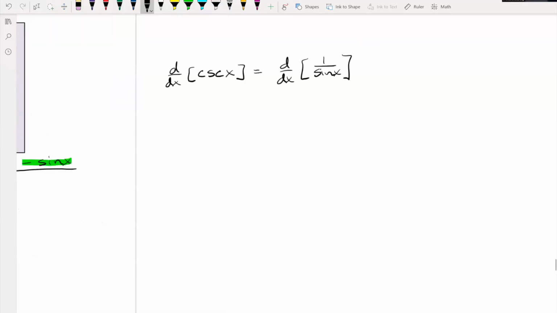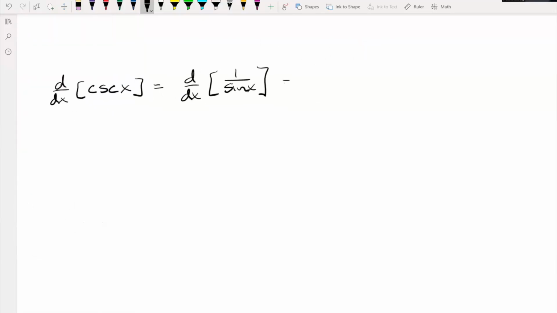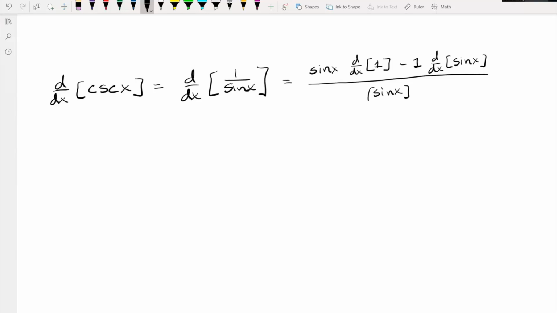Hopefully you guys have been practicing with your quotient rule, but the derivative here is going to be the bottom function times the derivative of the top minus the top, that's a 1 there, times the derivative of the bottom, all over the bottom squared.